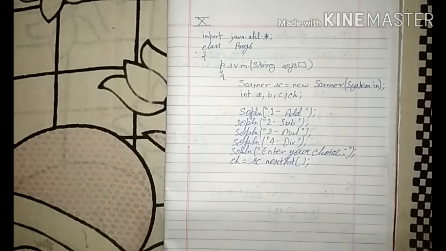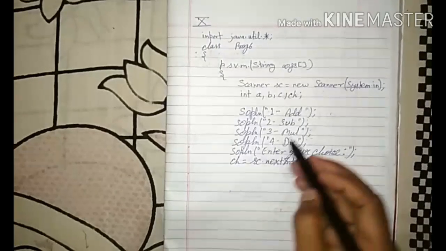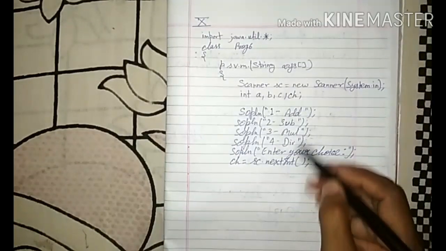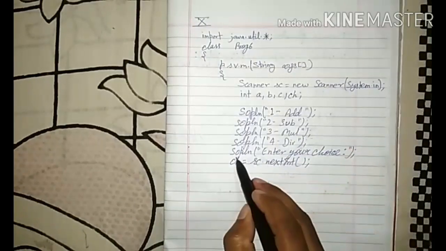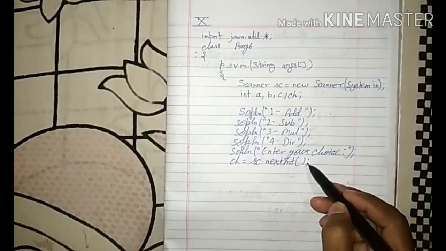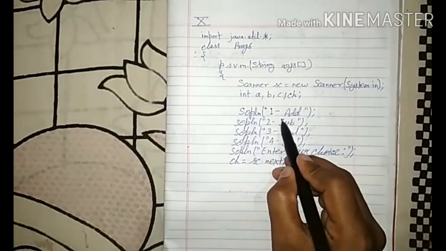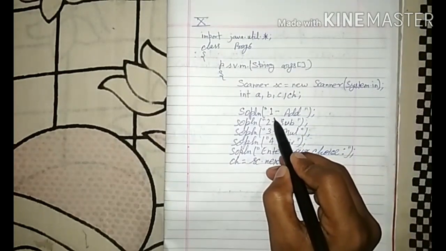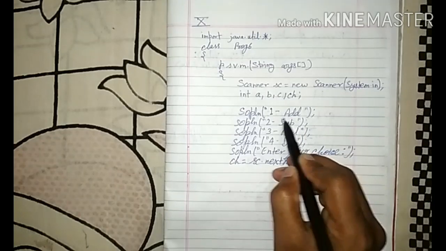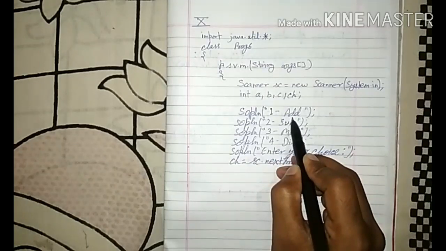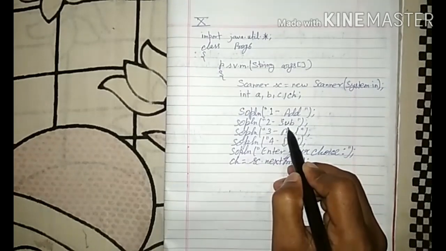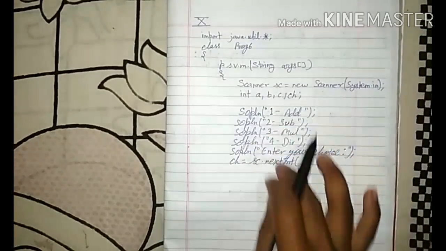This is the menu, and this is to take a choice from the menu. If I take 1, then we have to perform addition. If I take 2, we have to perform subtraction, and so on.